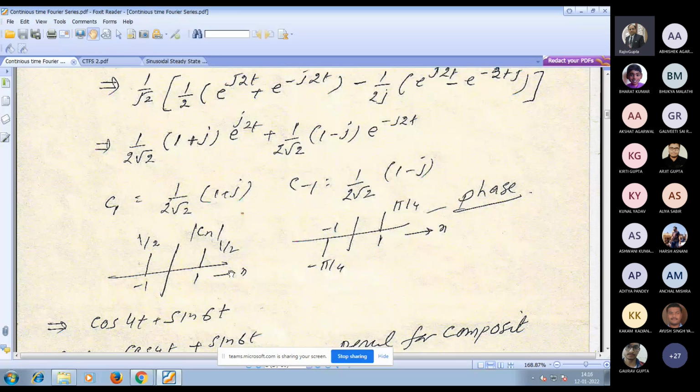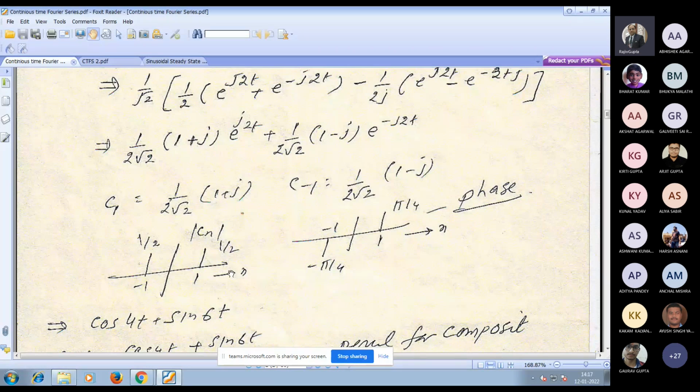In order to find the Fourier series coefficients of any signal, the signal must be periodic. Whether it is continuous or discrete hardly matters; here I am talking about continuous. So a continuous signal is there, and it should be periodic. First we need to check whether the composite signal is periodic or not.